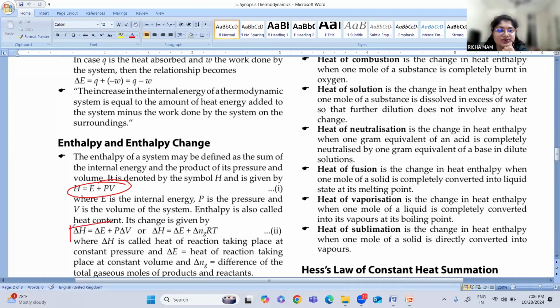That is delta H is equal to delta E plus P delta V. So that is delta H is equal to delta E plus nRT, right? Why? Because PV is equal to nRT. So this particular question we have also seen. Enthalpy and enthalpy change, how it is determined. Internal energy and the product of the pressure and its volume. So this is about the enthalpy of the system.